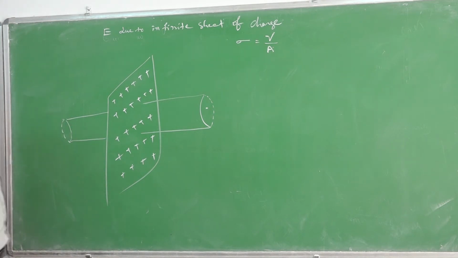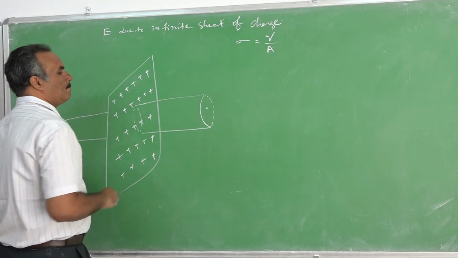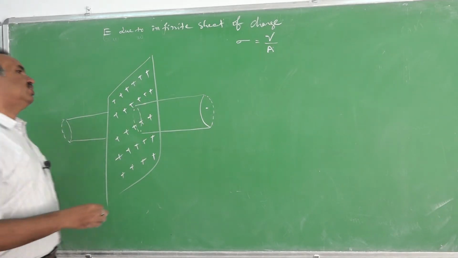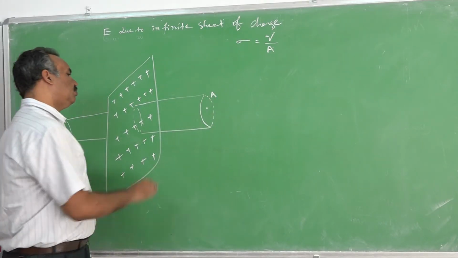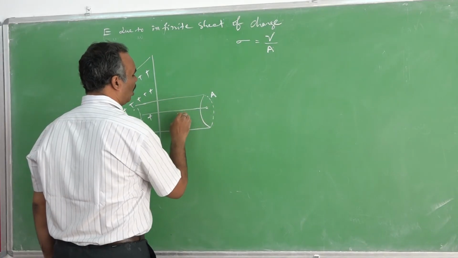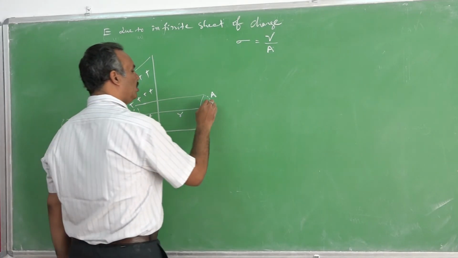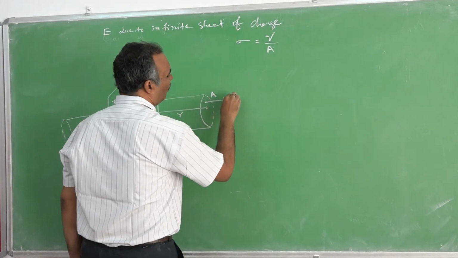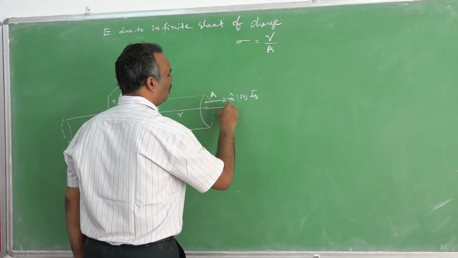So I considered a Gaussian surface which is in the cylindrical form and whose area of cross section is A. And this point is located at a distance r from the sheet. At this point, the area vector will be like this and the electric field vector will be like this.